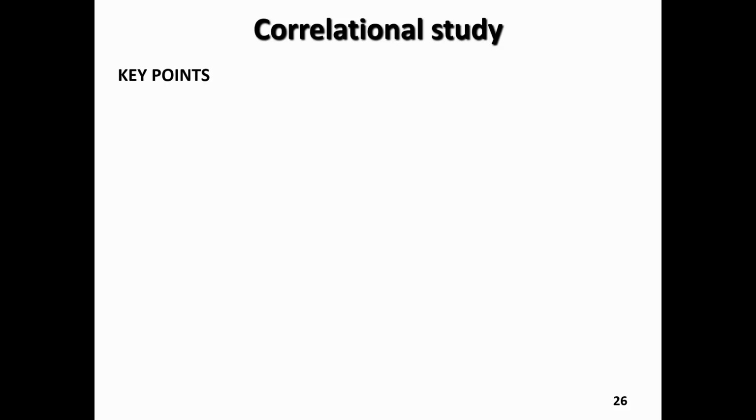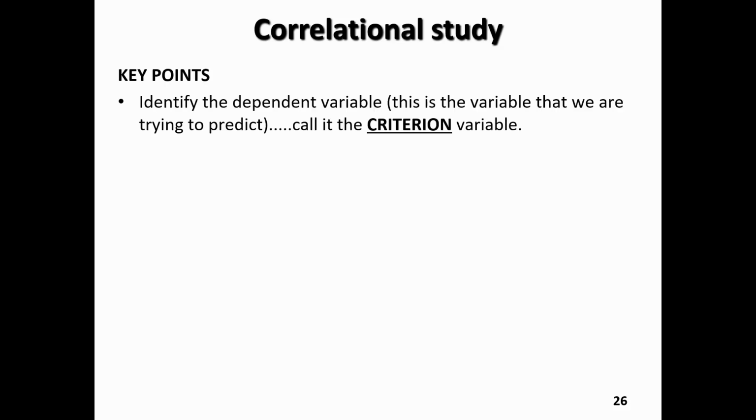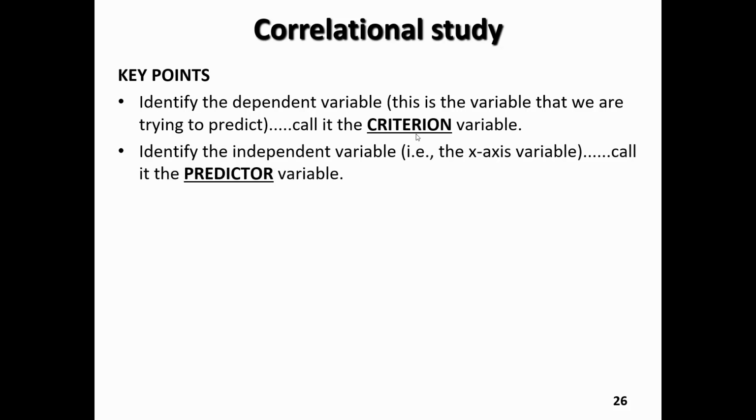To summarize the correlational type of study, the key point is that we have to identify the outcome variable of interest. In the previous study, the outcome or important variable to the researchers was actually academic performance, and that's what we call the criterion variable.